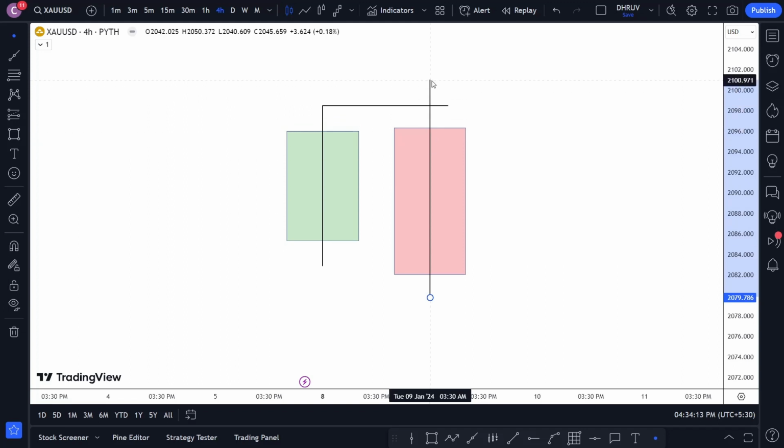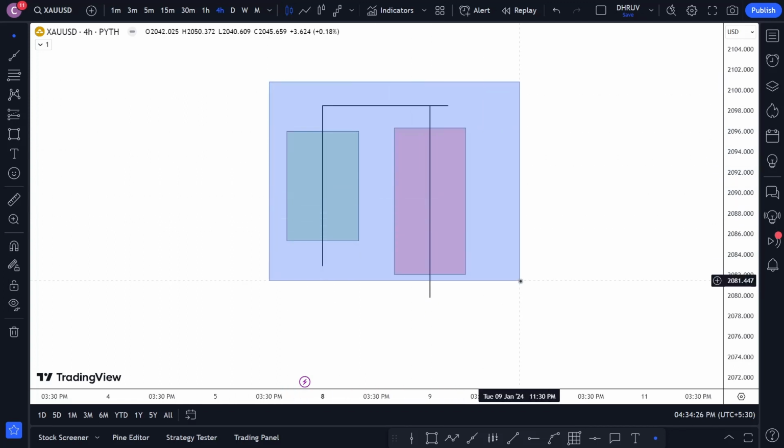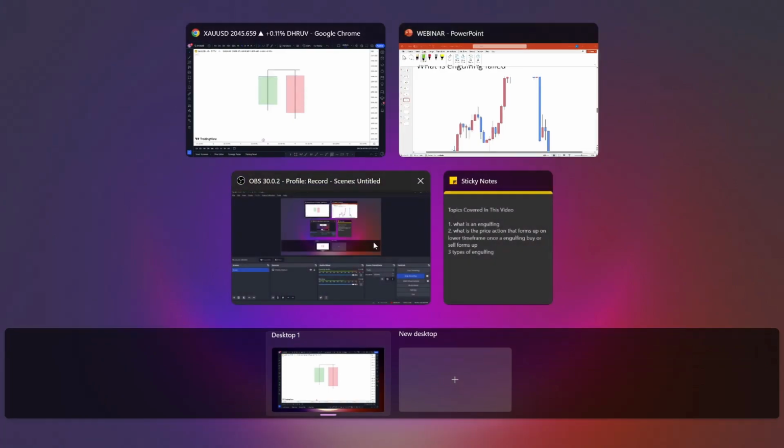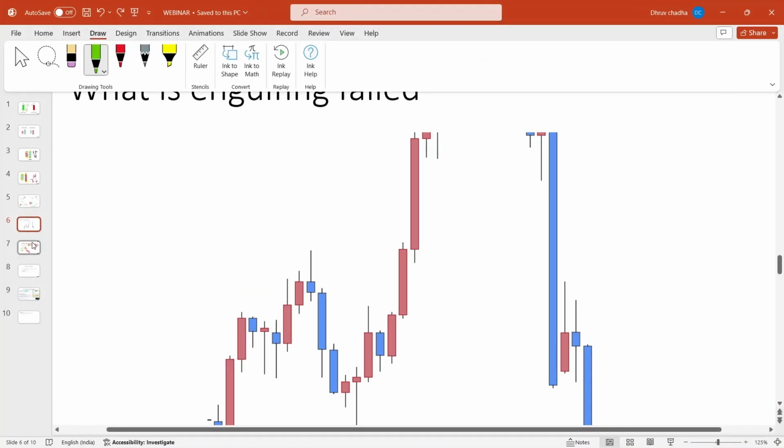So we can call it a perfect engulfing candle like this, and it can also be at the same exact area. We will call it a perfect engulfing candlestick pattern. All right. The reason I'm talking about this is because in the next type, I'm going to be discussing the QM engulfing pattern. So let's go into that part.